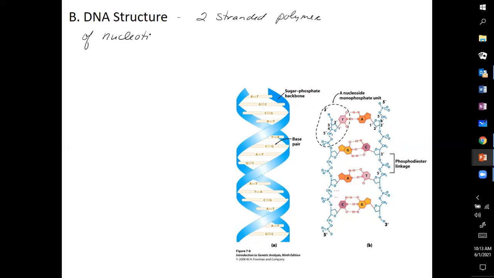Nucleotides are the subunits of DNA. And in that two-stranded polymer of nucleotide subunits, the strands are held together by hydrogen bonds, and it's twisted into a helical structure.